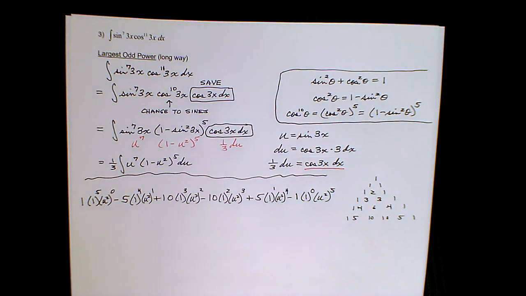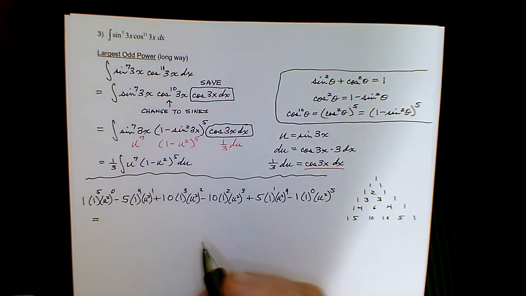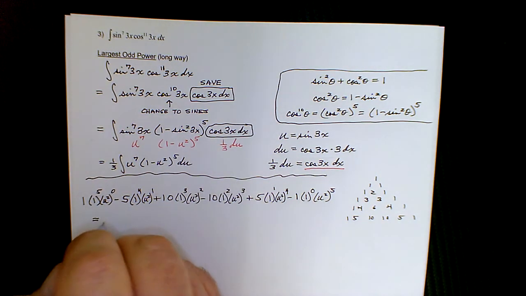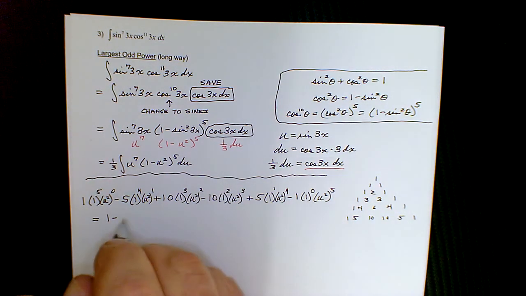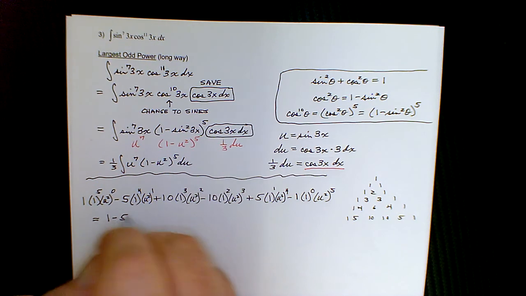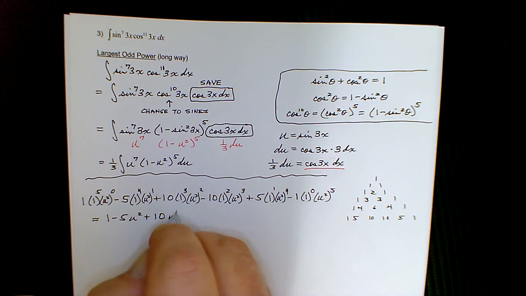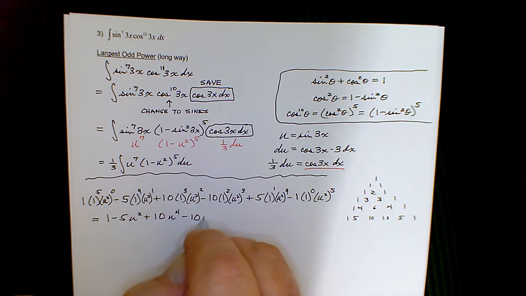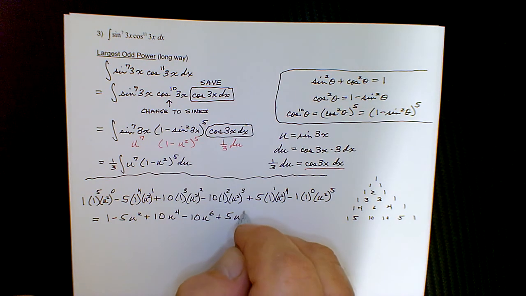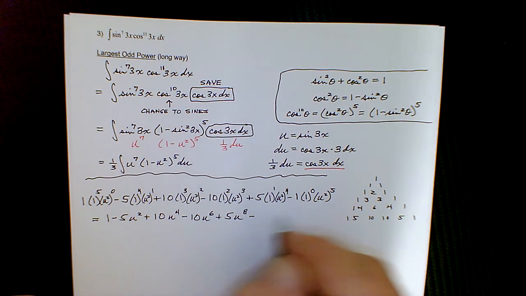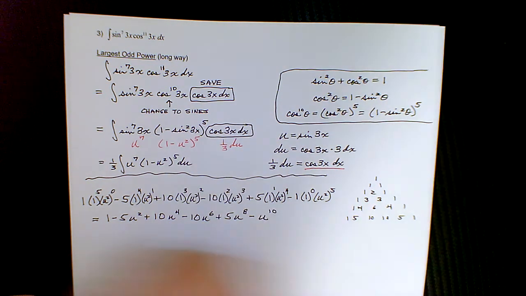So now, and skip as many steps as you want in here. So now at this point, okay, all these factors are 1s. We have 1 minus, again, what comes out of this is really just the coefficients and the powers of u. 5 is the coefficient, u squared to the first, u squared, plus 10, u squared squared, u to the 4th, minus 10, u squared cubed, u to the 6th, plus 5, u squared to the 4th, u to the 8th, and then minus 1, or just simply minus u squared to the 5th, is u to the 10th.